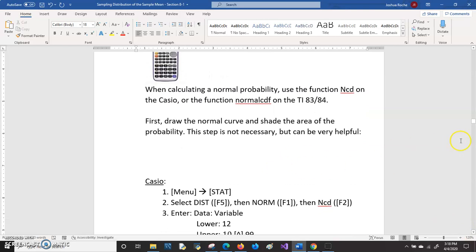If you wanted to draw a normal curve, you could. We want to find the probability the customer would wait for more than 12 minutes.